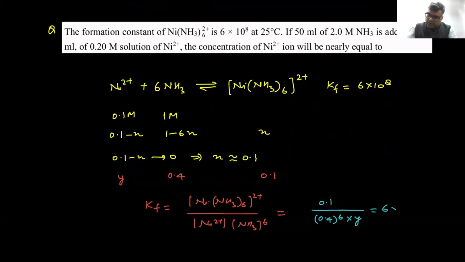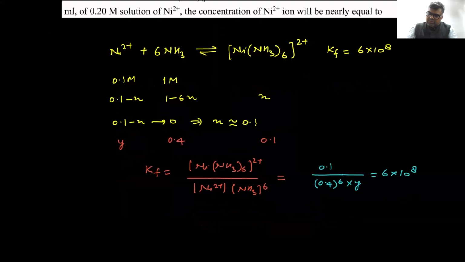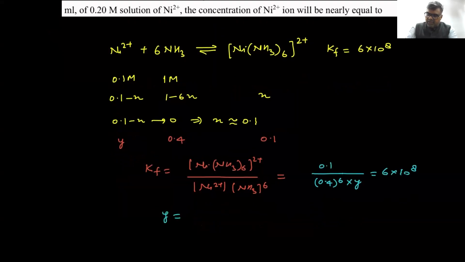And this is given to you as 6 into 10 to the power 8. Just simplify y from here, it will come out to be 0.1 into 10 to the power minus 8 upon 6 into 0.4 power 6. And 0.4 power 6 can be written as 4096 into 10 power minus 6, or you can simply write 4.096.